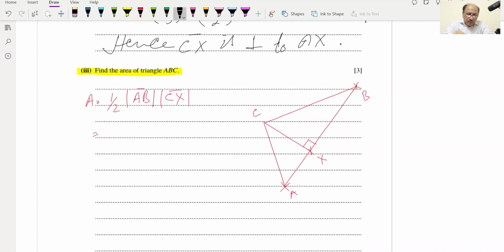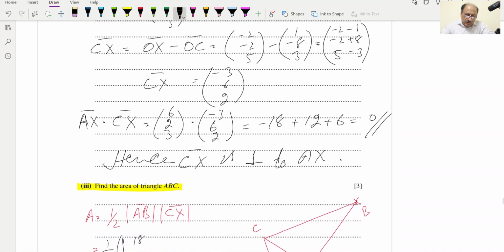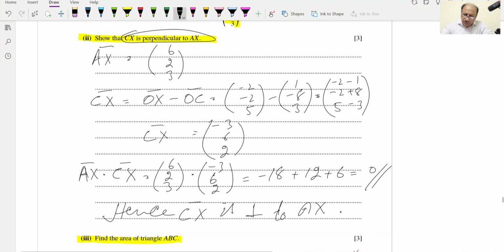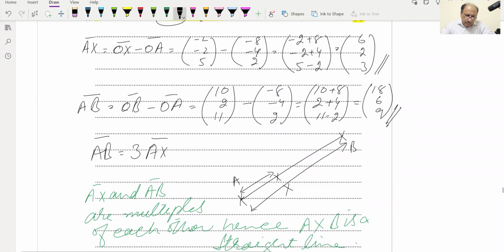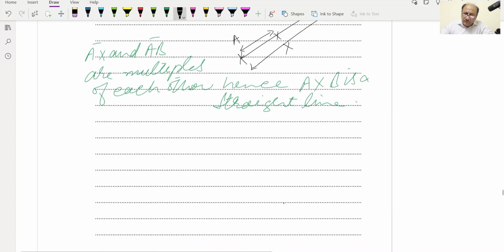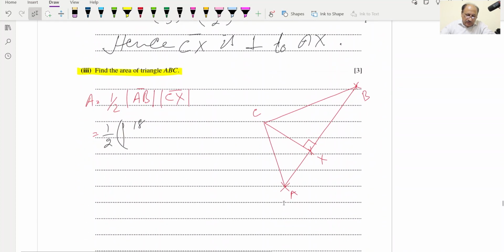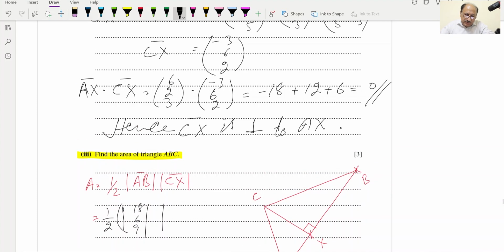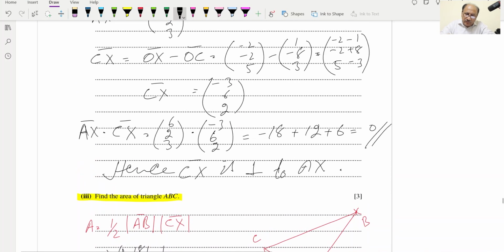So this will be 1 by 2 into the mod of vector AB. We found AB over here: AB is (18, 6, 9). Mod of this into the mod of CX, and CX we just found over here, (-3, 6, 2).